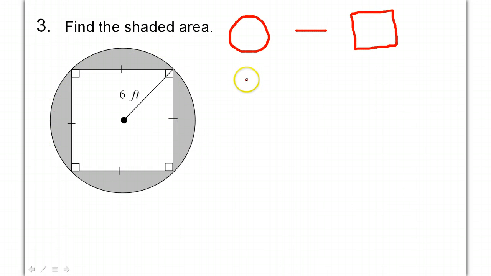First of all, the area of the circle. That's pi r squared. Well, the radius is 6. So that's going to make 36 pi. That's the area of the circle.